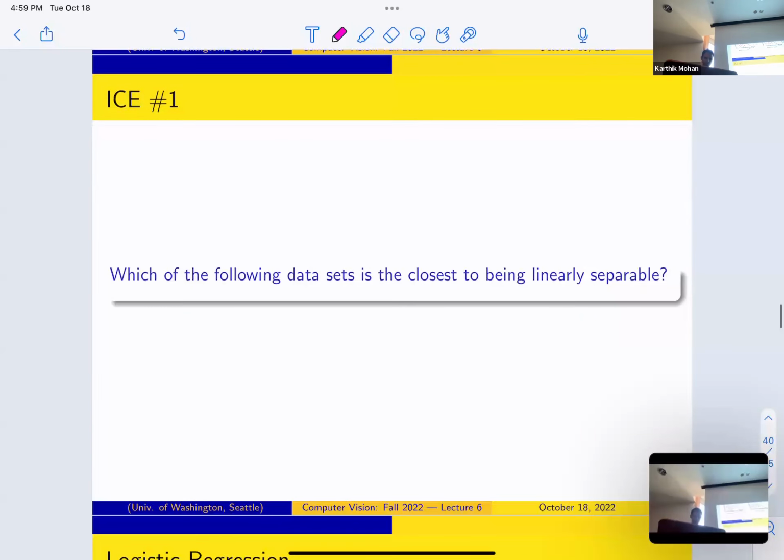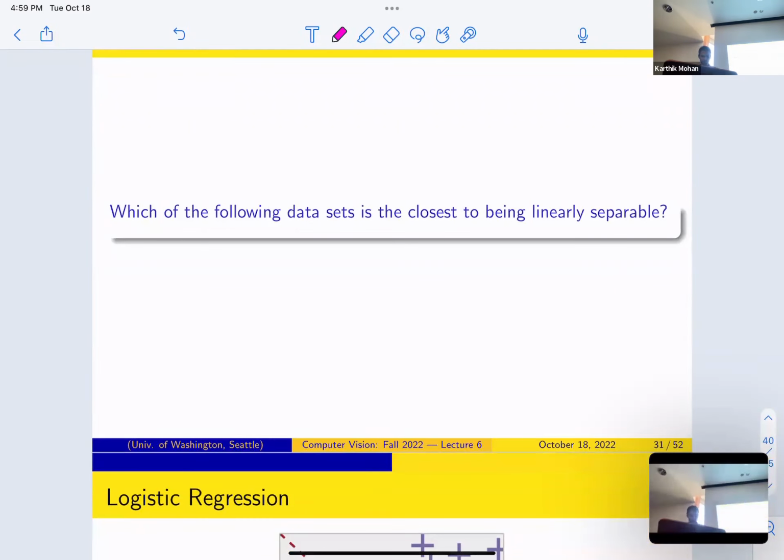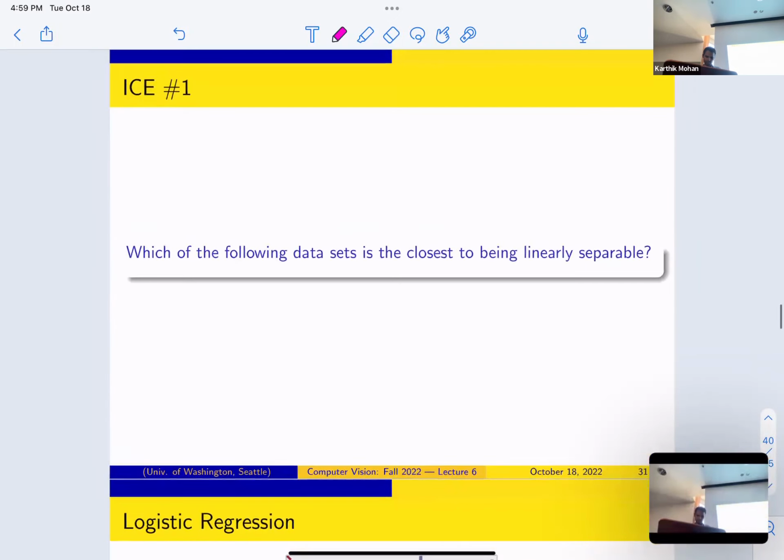All right, so let's move to the in-class exercise, which is the following. Which of these following data sets is close to being linearly separable?